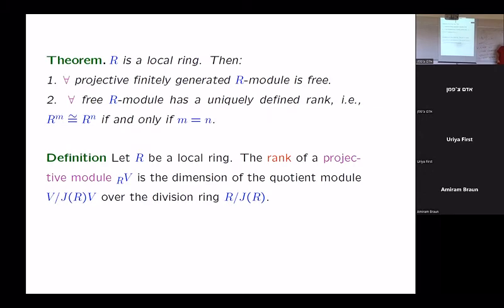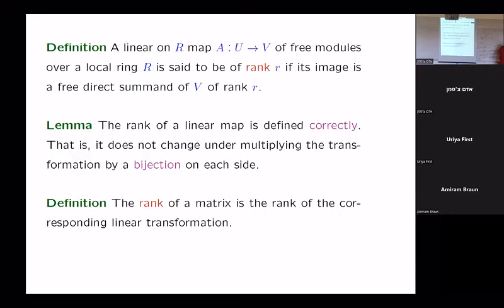So you could have a nice model theory over local rings. They have the IBM property, they are projective free, and that is why there is a good notion of rank. It is defined correctly because rank is just the size of the image of a free direct summand.